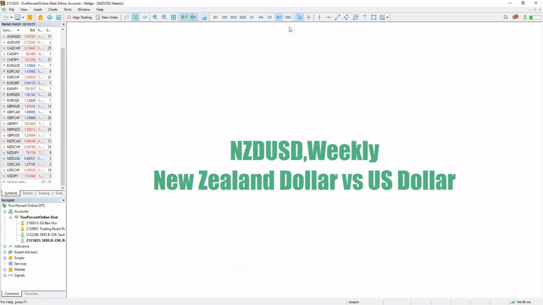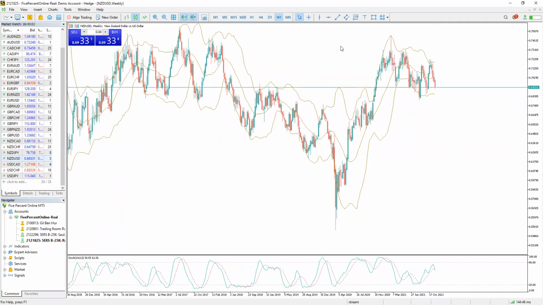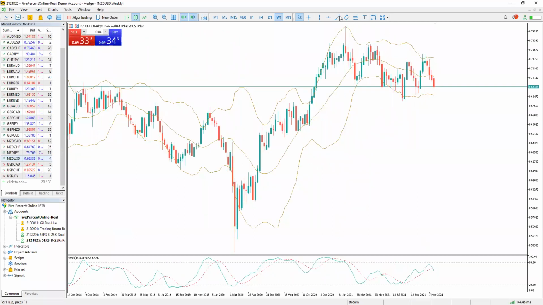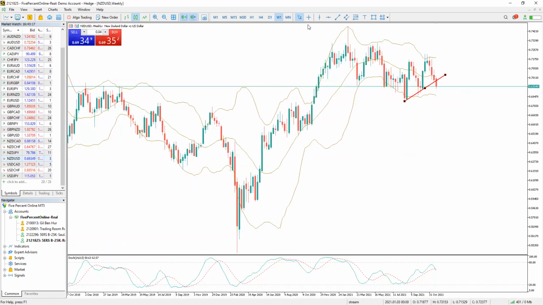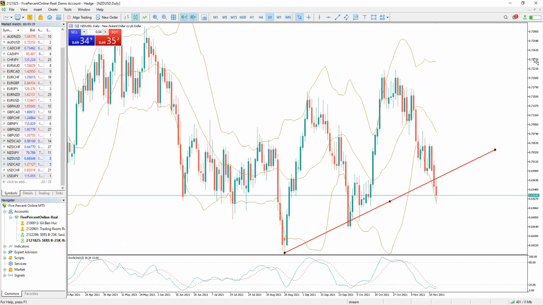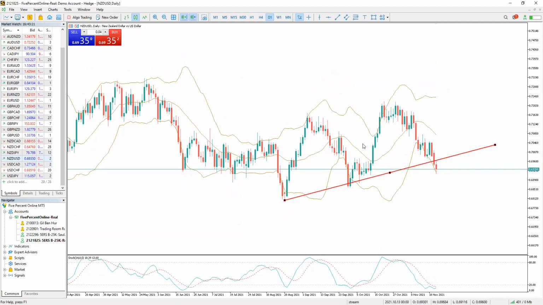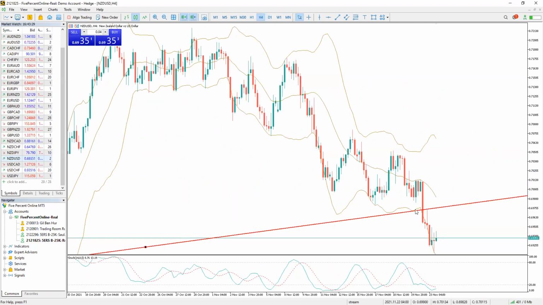I'm not sure, but I see something interesting on the weekly. This is this zone. Actually we broke this kind of trend line on the weekly. Yeah, this was the trend line also on the daily chart. Today we made a break of that zone and we made a retest approximately here as well, and then we started to push.